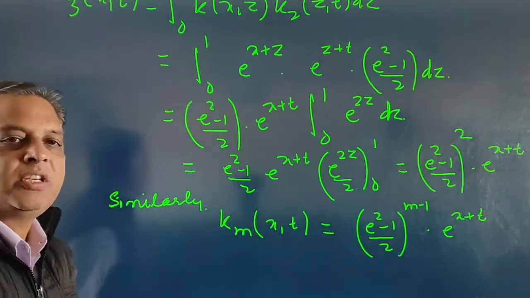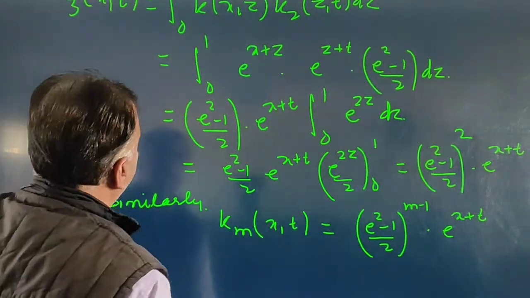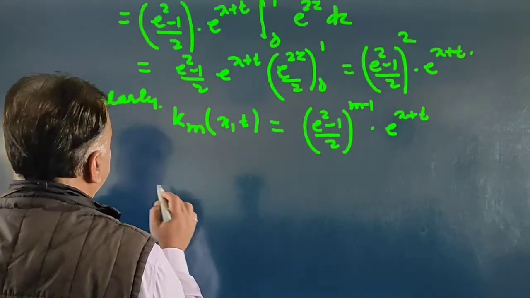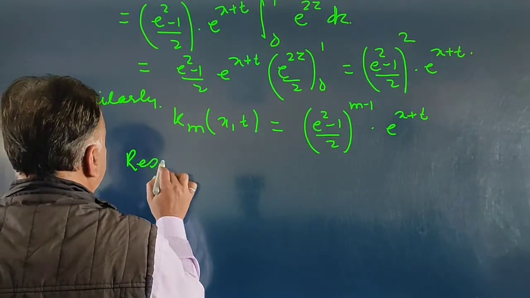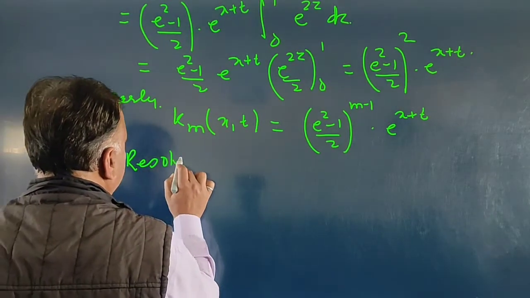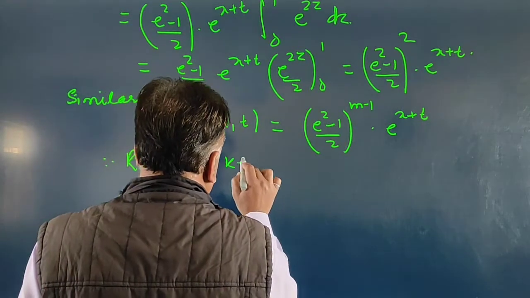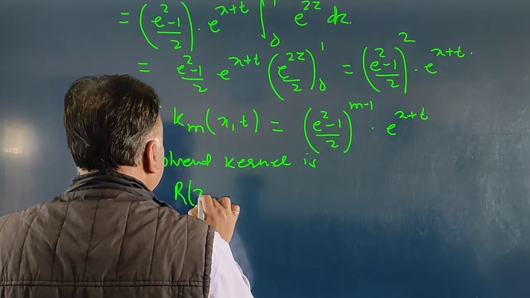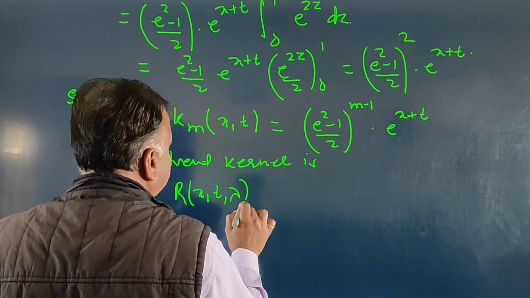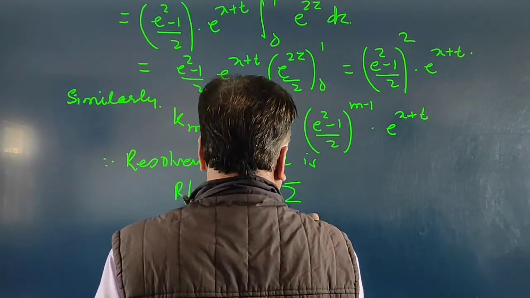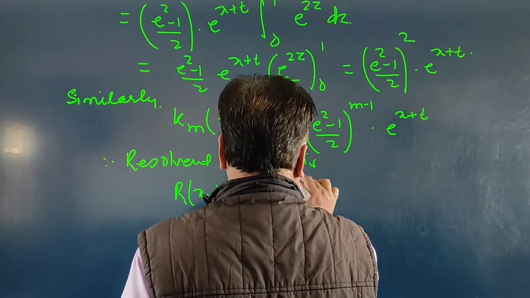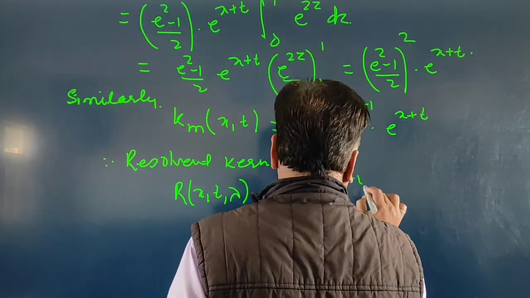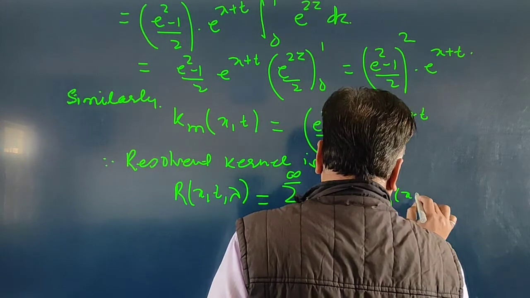Now with the help of this iterated kernel we find the resolvent kernel, and the resolvent kernel R(x,t;lambda) is the summation from m equals 1 to infinity of lambda raised to m minus 1 Km(x,t).